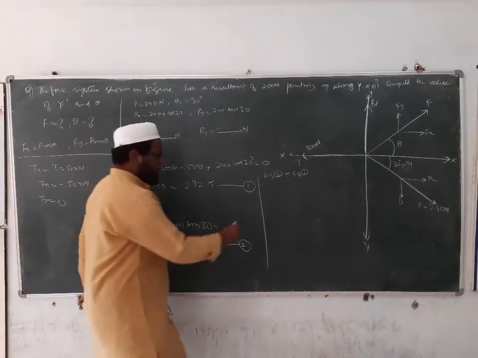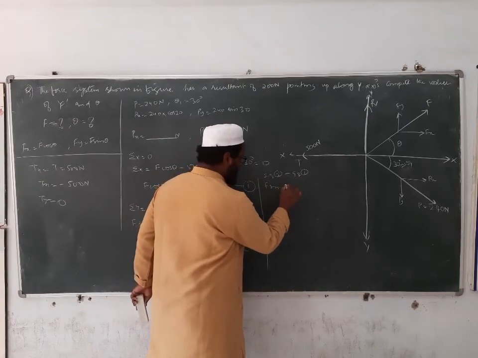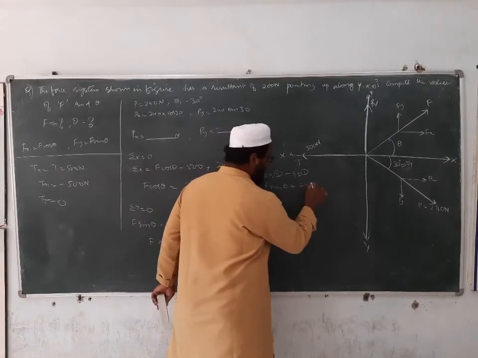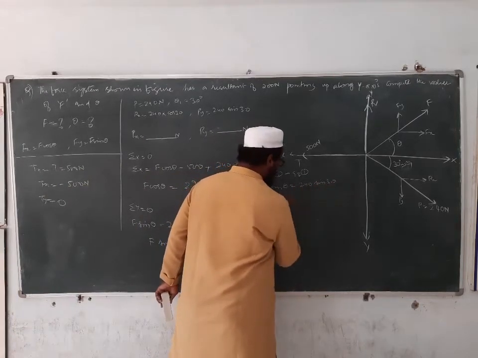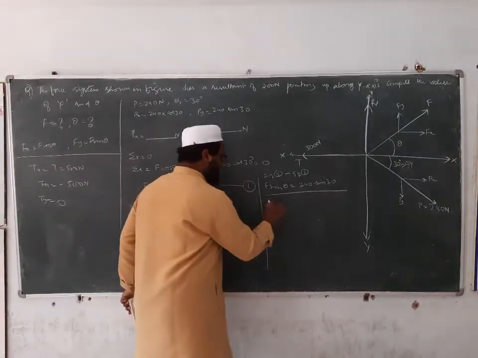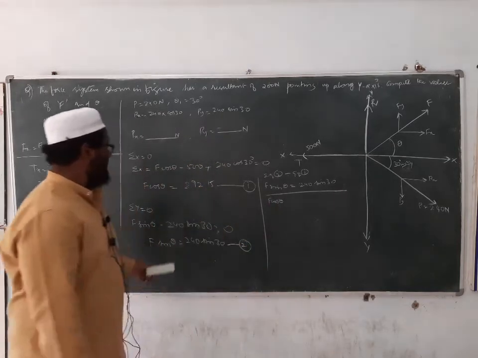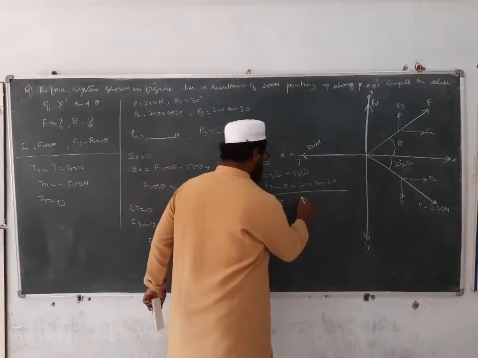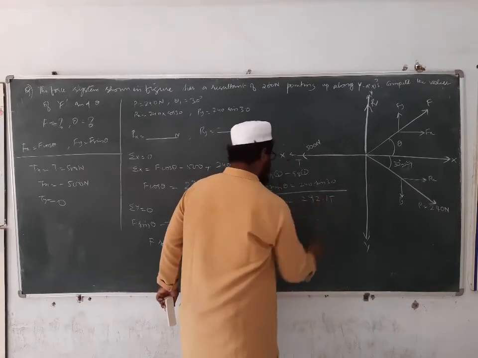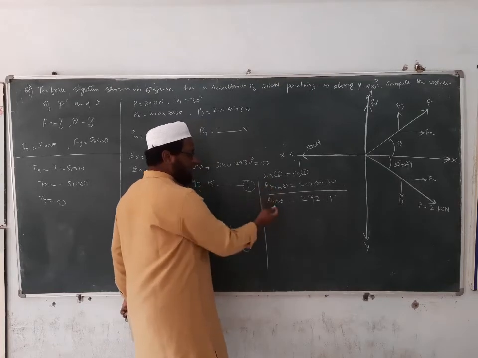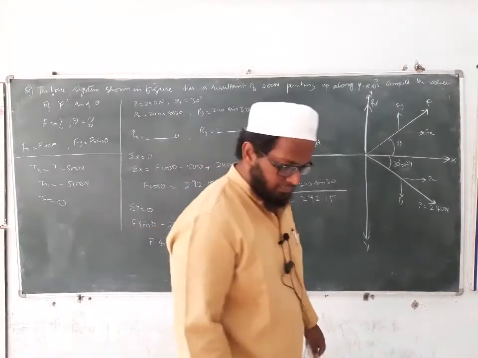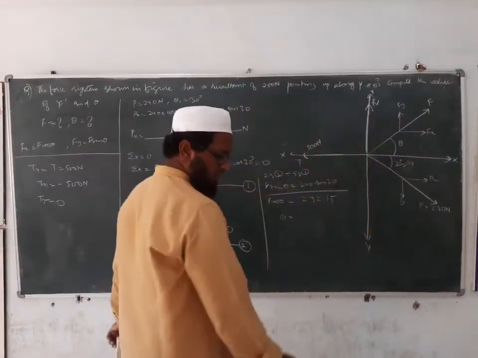F sin theta, that is 240 sin 30, divided by equation number 1, that is F cos theta, is equal to 292.15. So what will happen? This F and this F will get cancelled. You will get tan theta. So finally you will get theta value as 47.6 degrees.